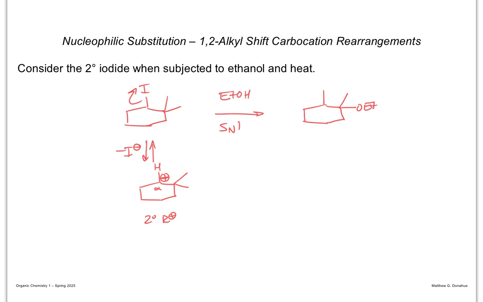Now we have to look at those 2 carbons, so beta and beta prime. And then we have to consider, can something move to make that secondary carbocation more stable?